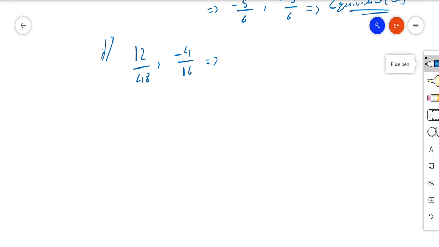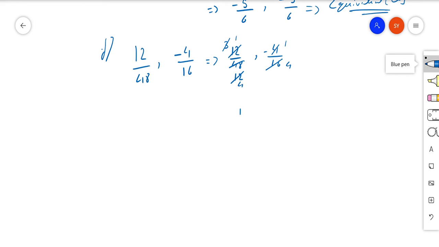So we'll start cancelling. 12 by 48 and minus 4 by 16. We can divide this by 4. Yes, 4 3s are 12 and 4 12s are 48. This is 4 1s are 4 and 4 4s are 16. 3 we can further divide, 3 1s are 3 and 3 4s are 12.